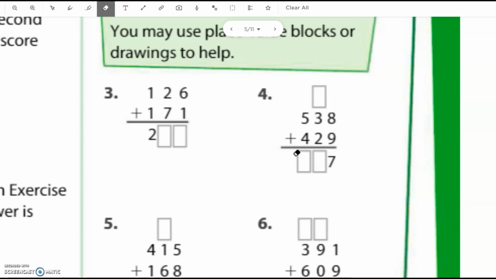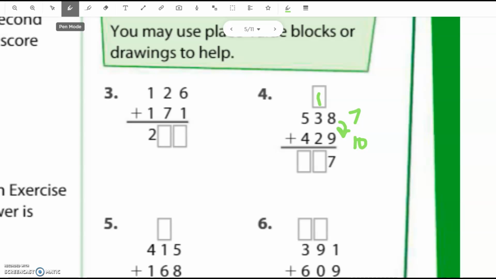Number 4. 8 plus 9. Well, I know 9 plus 1 is 10. And if I take 1 away from 8, here, I'll write this out. So if I take 1 away from 8, that's 7, and that makes that a 10. And 7 plus 10 is 17.